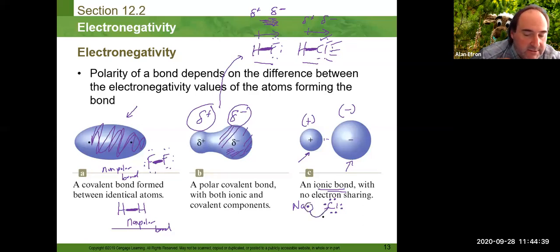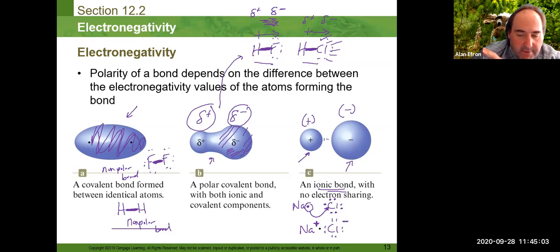So in the case of sodium chloride, we get a complete transfer of an electron, different than here, where electrons haven't been transferred, they're just being shared unequally. Here we get that complete transfer of electrons, making our sodium a fully positive cation and our chlorine a fully negative anion.